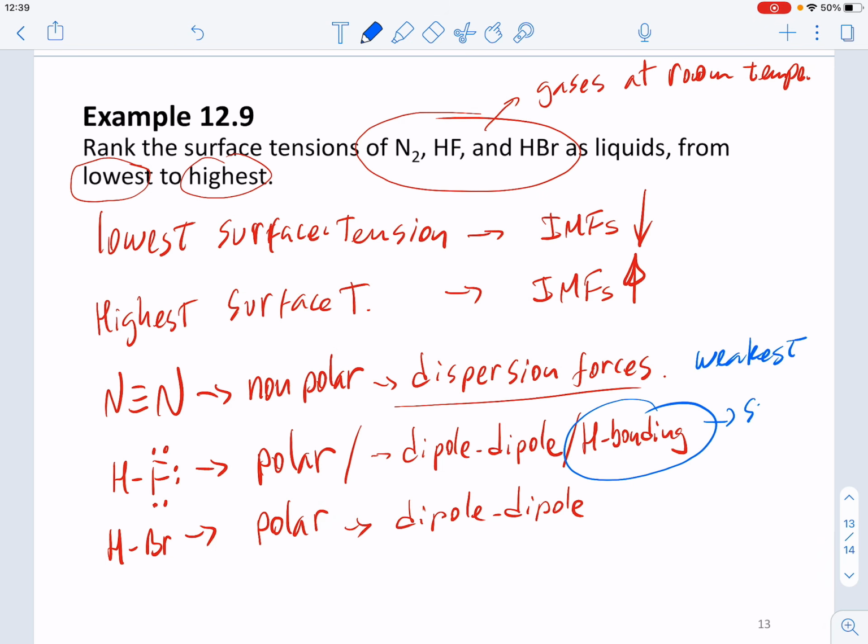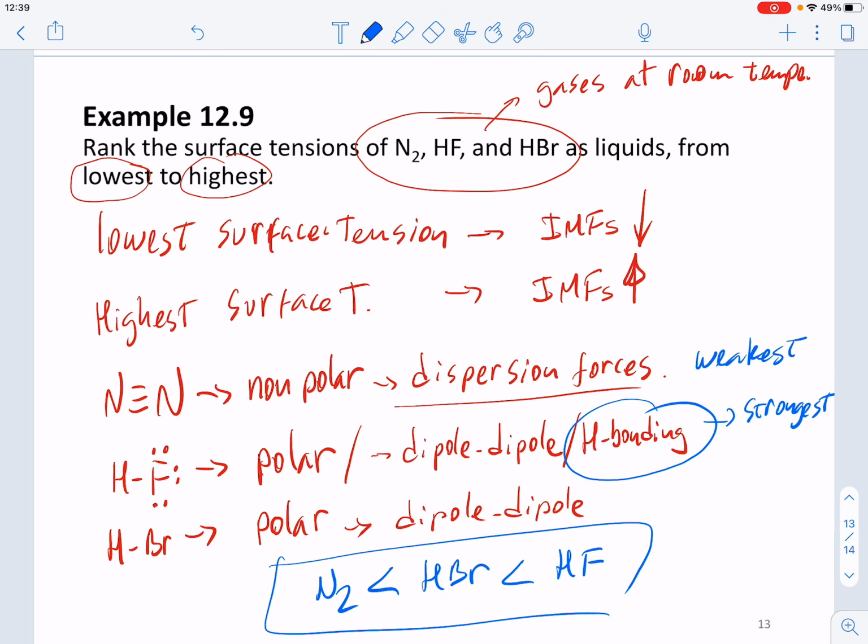Hydrogen bonding, the strongest. So we have nitrogen will have weaker intermolecular forces than hydrogen bromide, and hydrogen bromide, weaker intermolecular forces than hydrogen fluoride. So that is the order of increasing intermolecular forces, and it just so happened that is also the same order for surface tension.